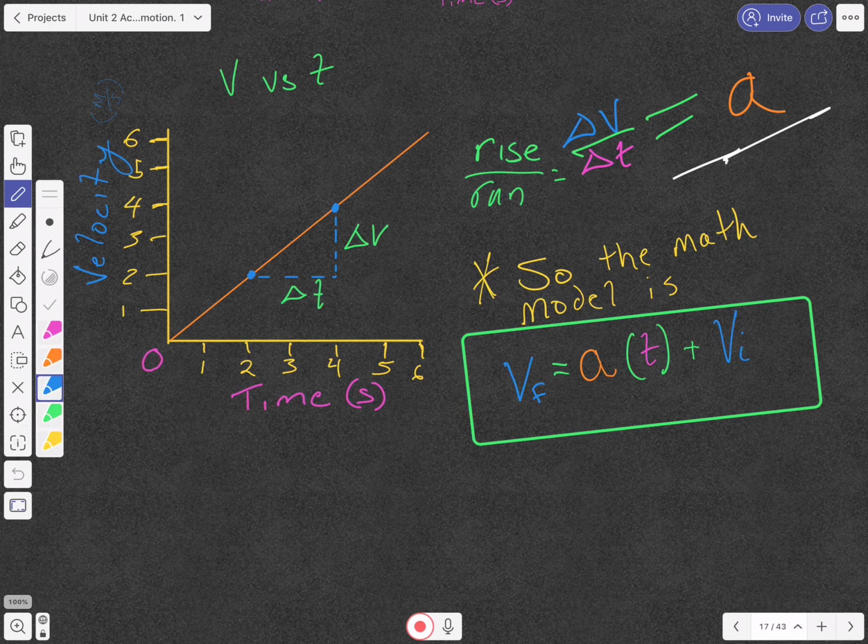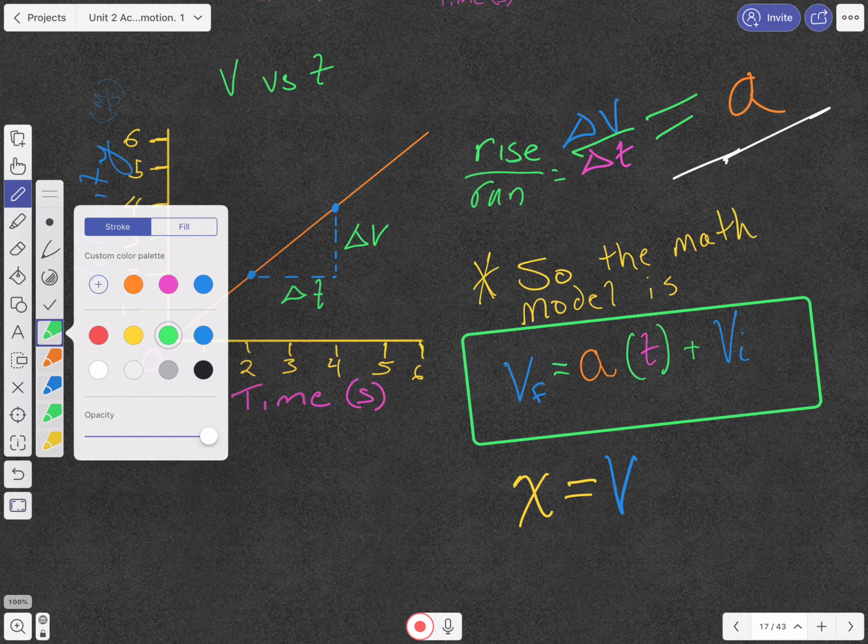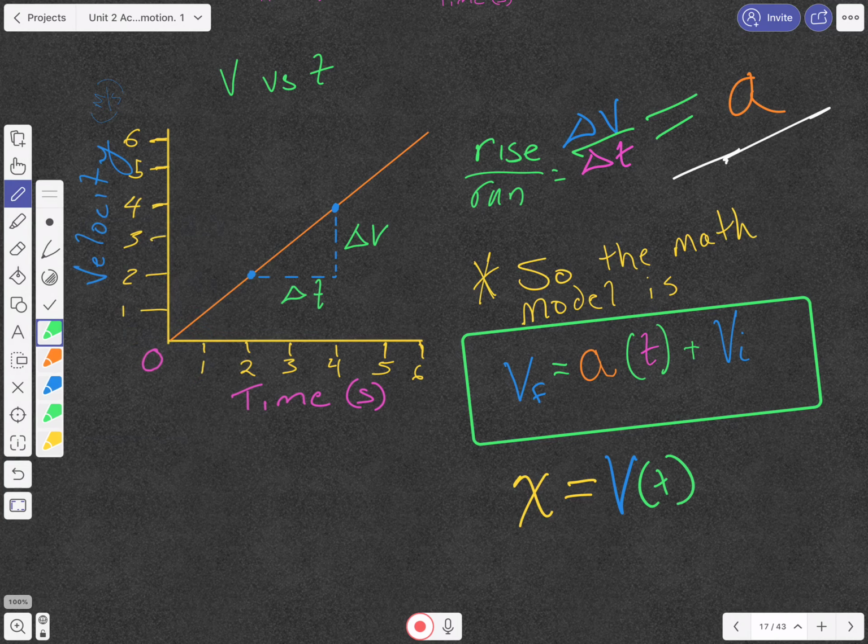And this should look fairly similar to our previous formula for position, which was position is equal to velocity times time, sorry about that, plus our position initial. This is actually our final position.